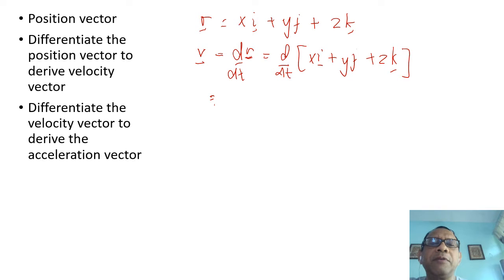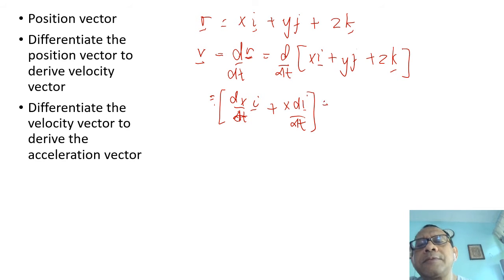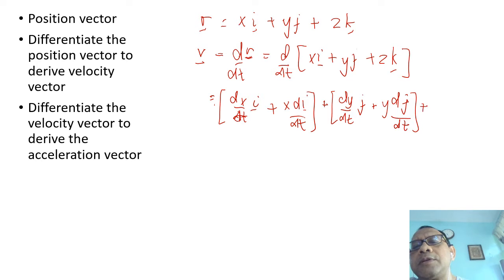So we have first for x, dx over dt i plus x di over dt, plus dy over dt j plus y dj over dt, and then the final term, dz over dt k plus z dk over dt.